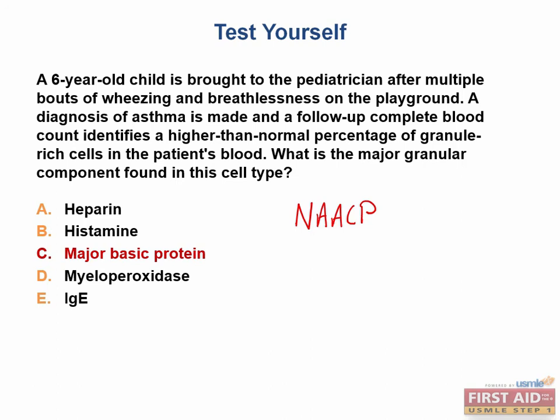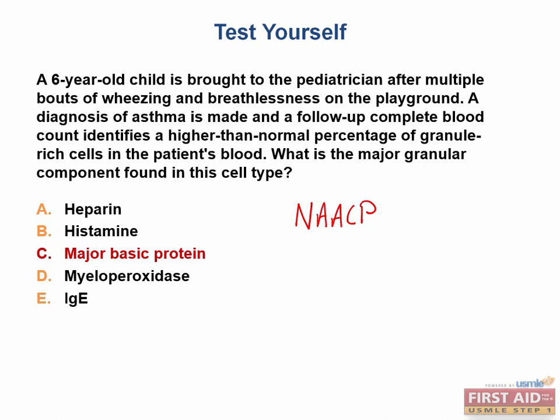The two-step question is very common on the USMLE Step 1, and being very well practiced at understanding what information the question wants you to recall can really help you narrow your answer choices, even if you don't know the answer right off the bat. As for our other choices in this question, heparin is a component of the basophil and mast cell granules, and is an anticoagulant in the type 1 hypersensitivity allergic degranulation.